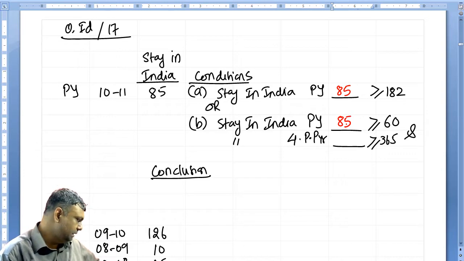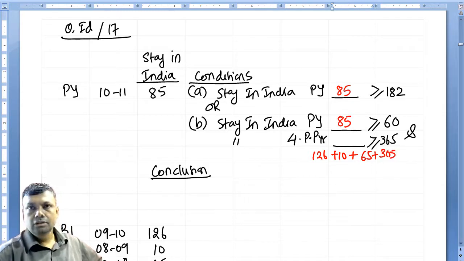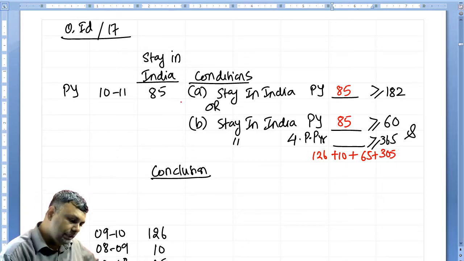And 4 years preceding is, let me take the total, that is your 126 plus 10 plus 65 plus 305. These are 4 years number of days stay in India total. You can just fill in the blank. You can use your own calculator. So I'm not doing that very basic work, but I have already got it in my back memory that this condition is satisfied. Okay, so in the given case, condition A is not satisfied, but condition B is satisfied.